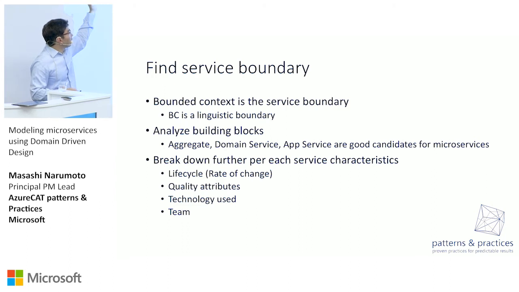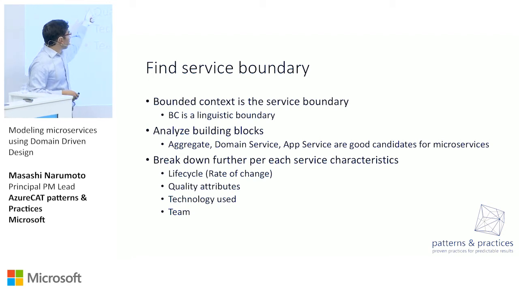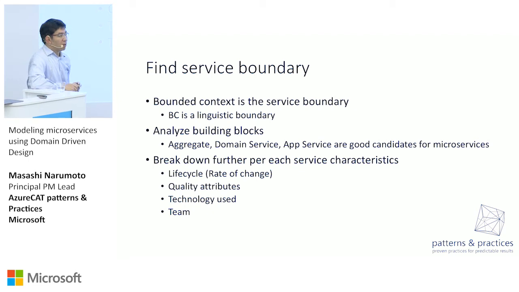So once you identify service candidates by going through this process, now you can think from a life cycle point of view. If one service has two different features, and those two features have different life cycles. For example, feature A is a daily update versus feature B is updated once a year.